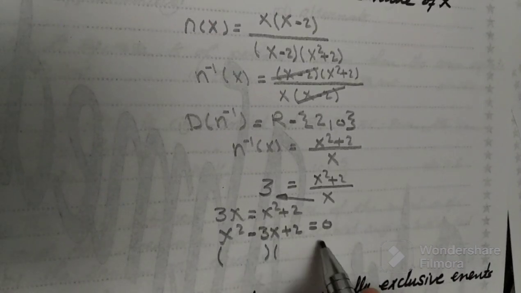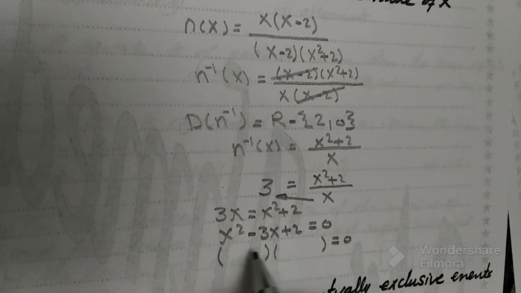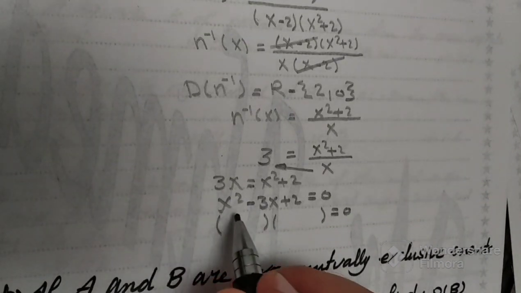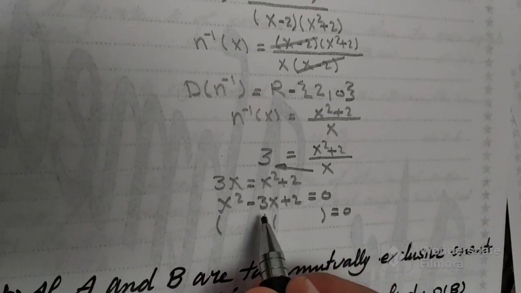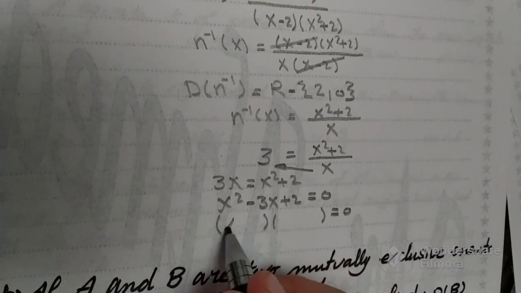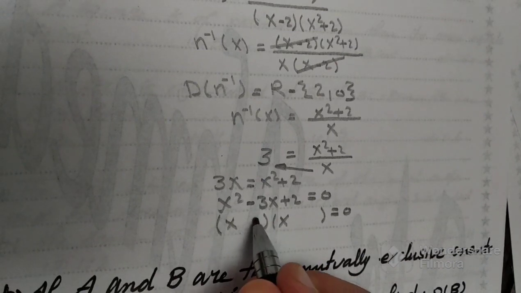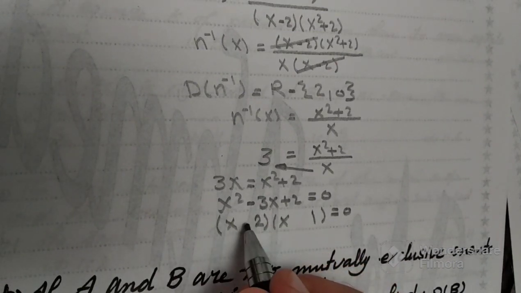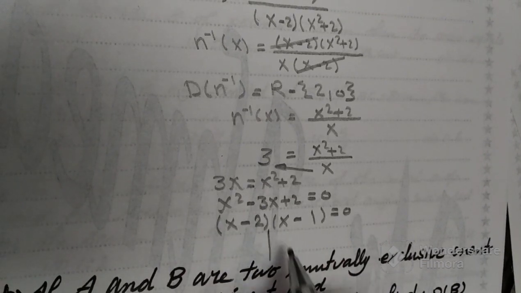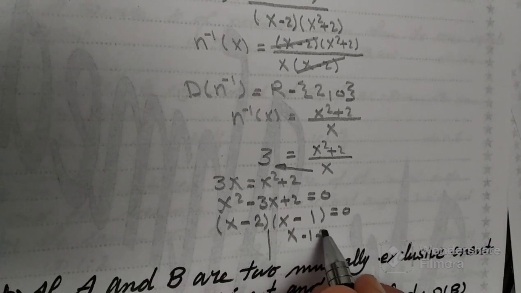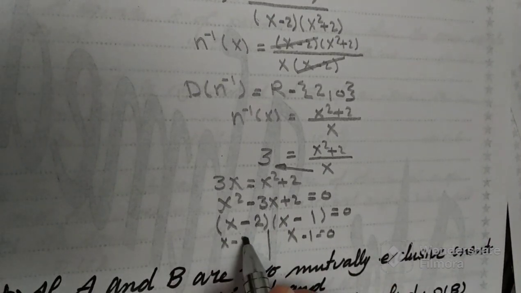Factorize it to two brackets equals 0. Two numbers, the product of them equals 2 and the sum equals 3. x, 2 and 1. Last term positive, so the two factors take the same sign as the middle term. x minus 1 equals 0. x minus 2 equals 0.